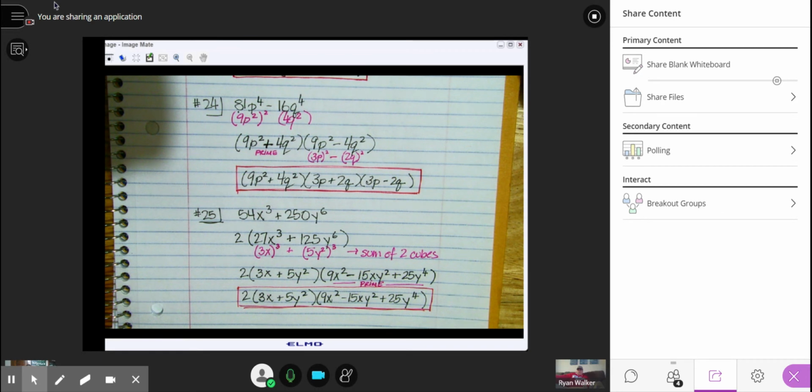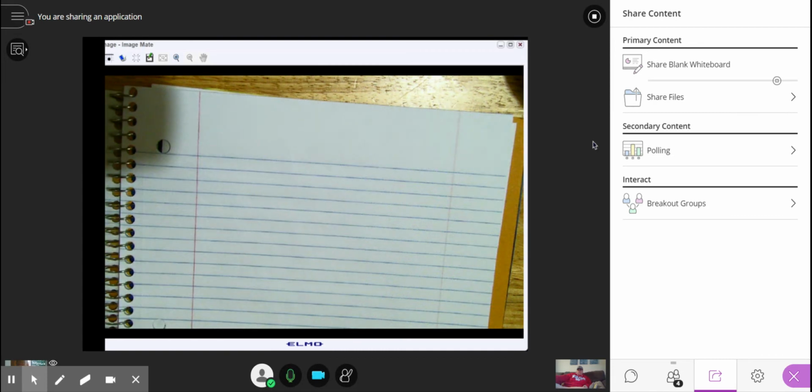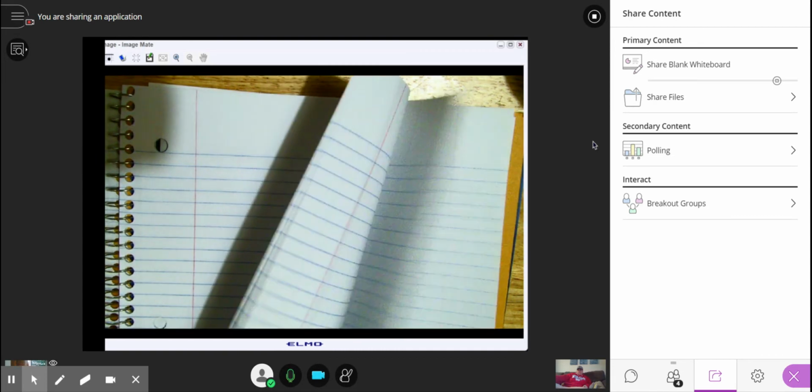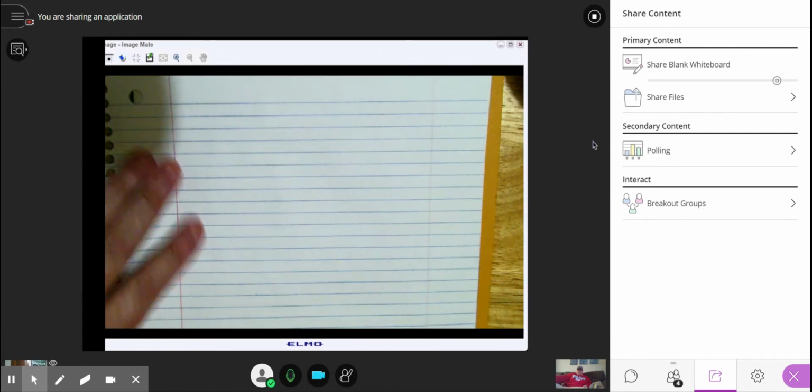Oh, they just want you to multiply it back together. Yeah. Yep. So they're asking you to essentially distribute that, do the x times the x squared. Right?